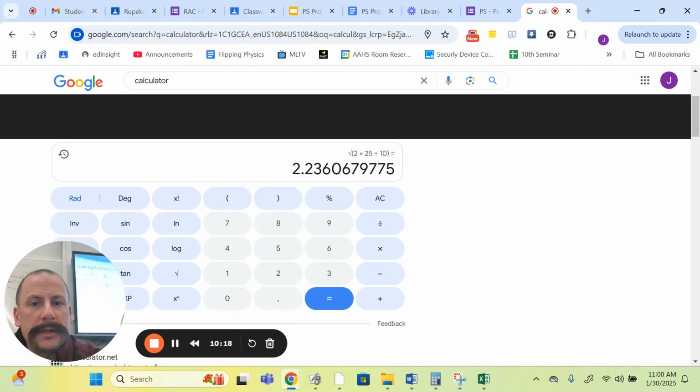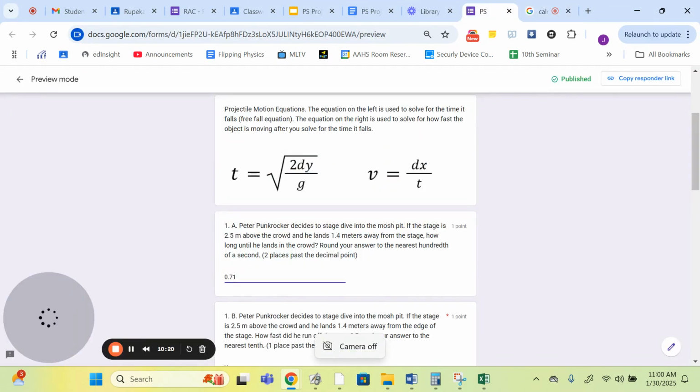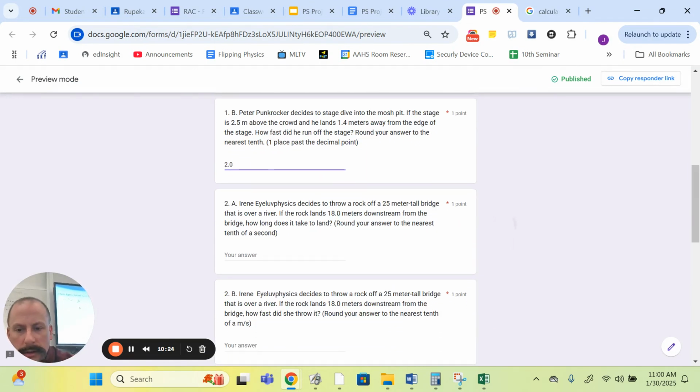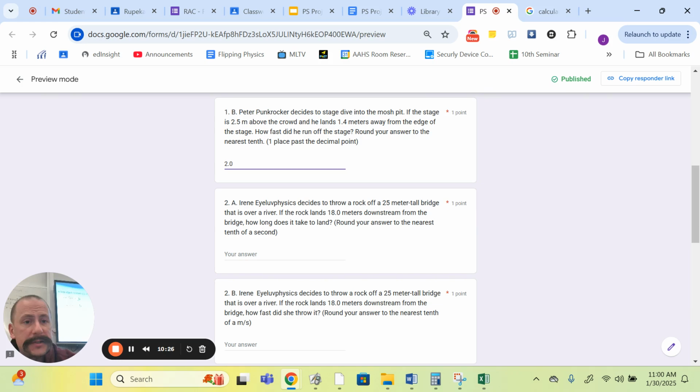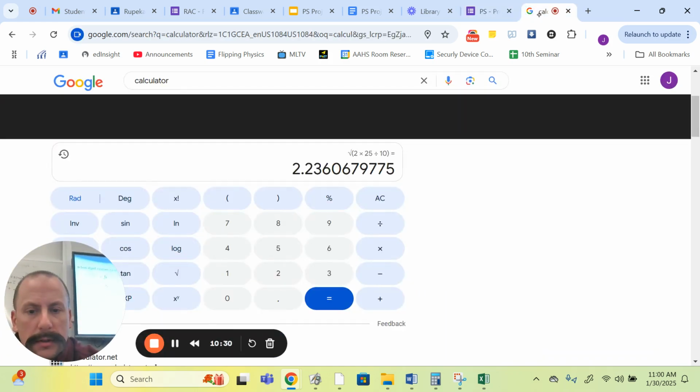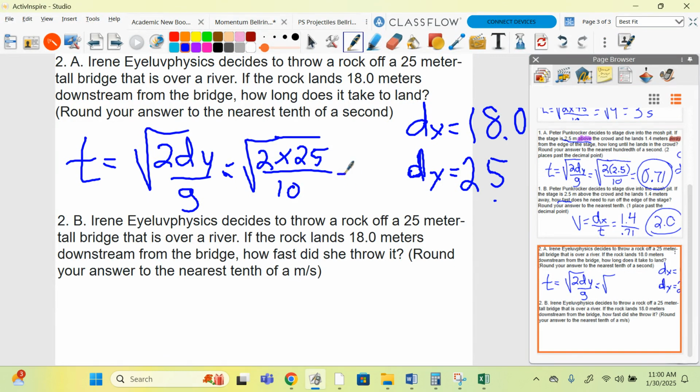My form tells me to round to the nearest tenth of a second. Tenth is one place past the decimal. So if it is 2.2, I look at the digit to the right, it is less than 5, so I'm going to be leaving that alone. The time it takes to fall is 2.2 seconds.